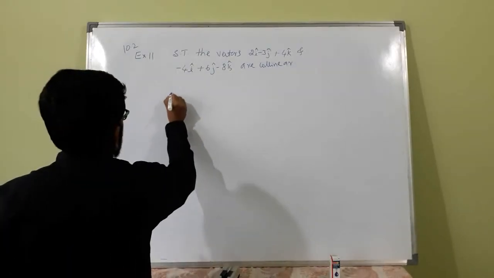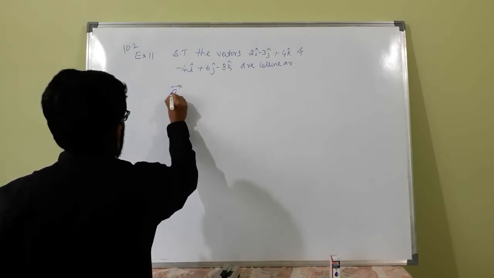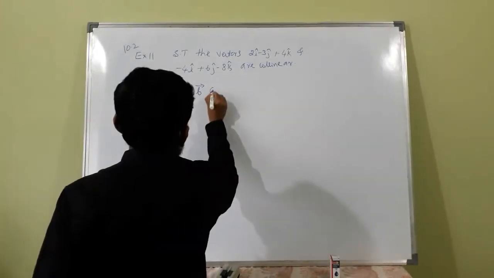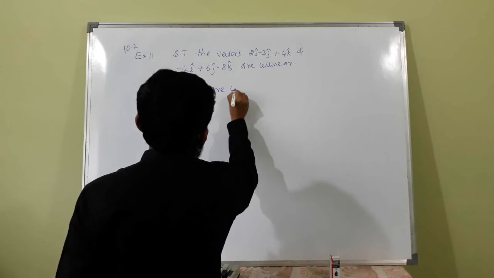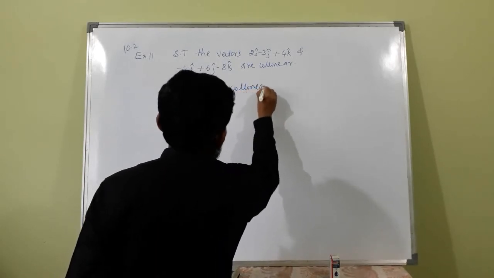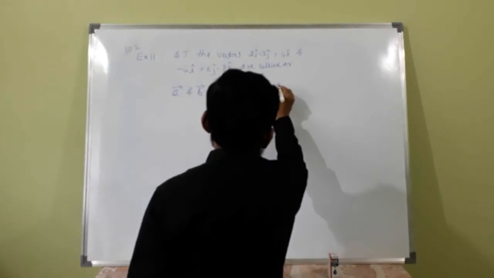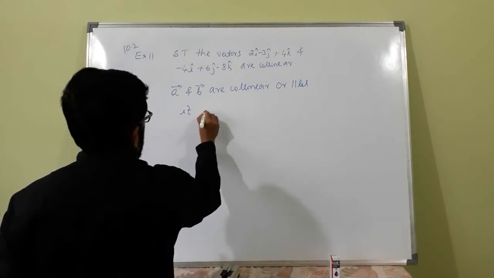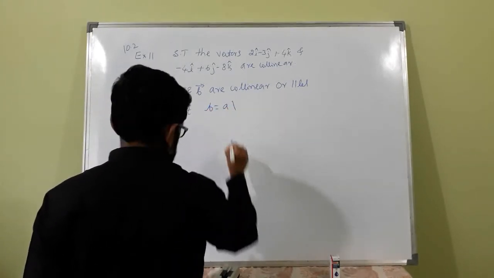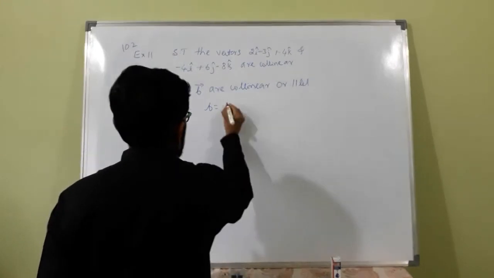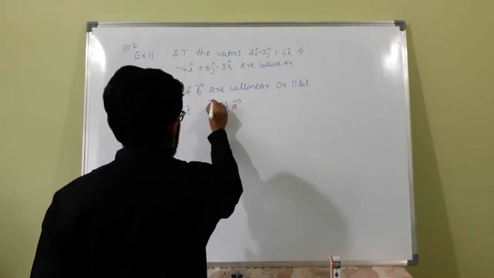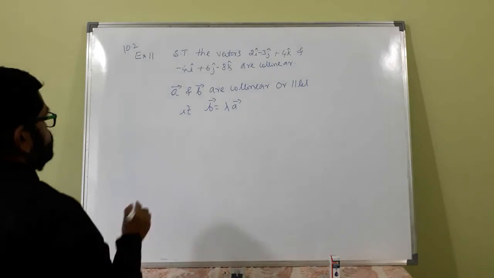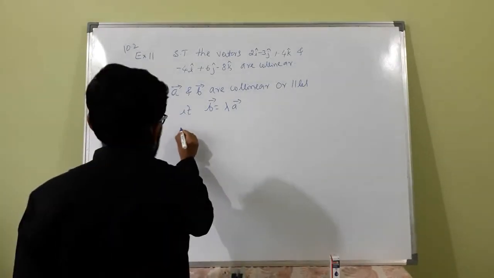Vectors A and B are collinear or parallel if B is equal to lambda into A, or B by A is equal to lambda.